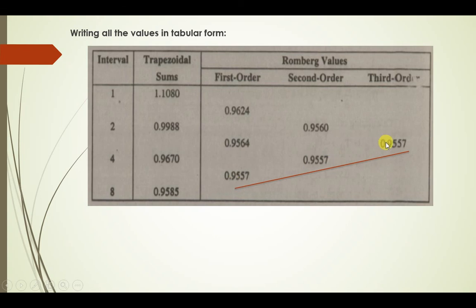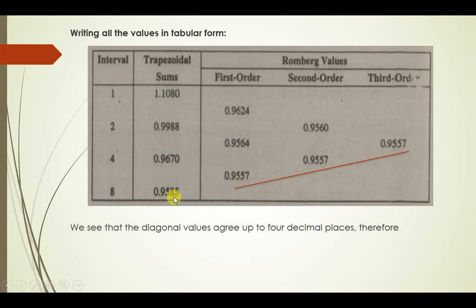These values are the same up to 4 decimal places. So we see that the diagonal values agree up to 4 decimal places. So the answer for this integral in our question is 0.9557.